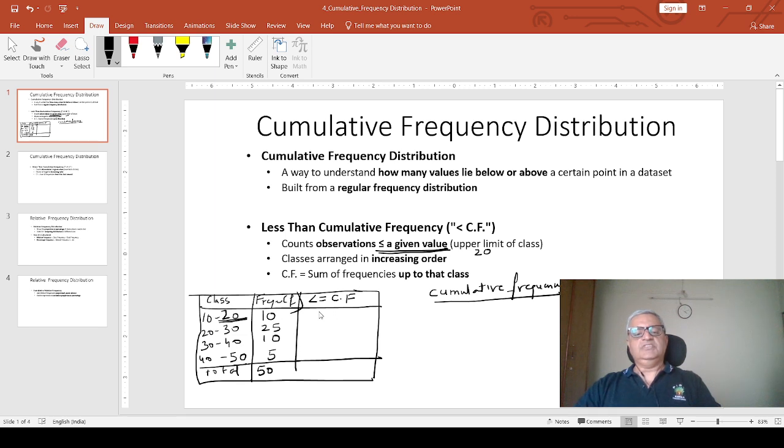So immediately I understand less than or equal to 20, there are 10 data points.